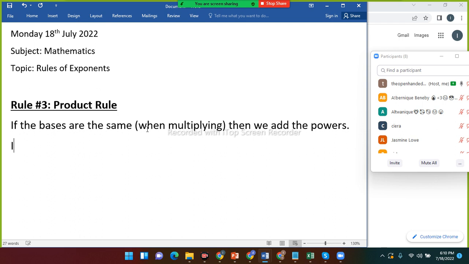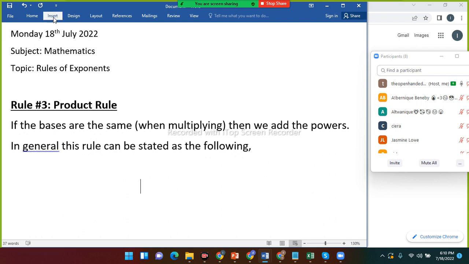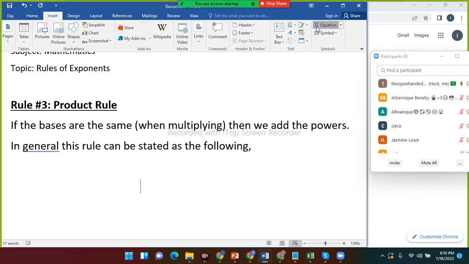And so in general, this rule can be stated as the following. Remember the bases have to be the same.